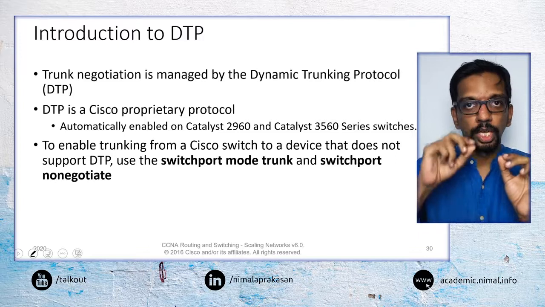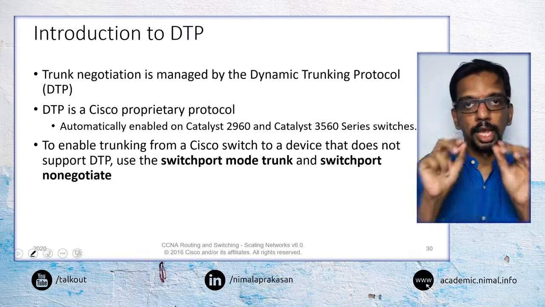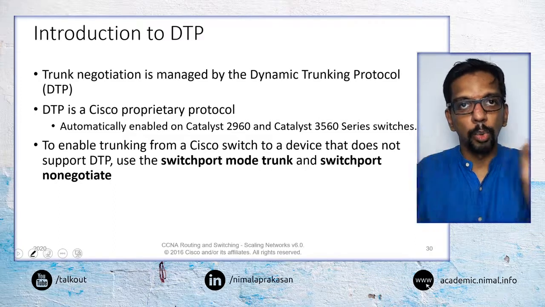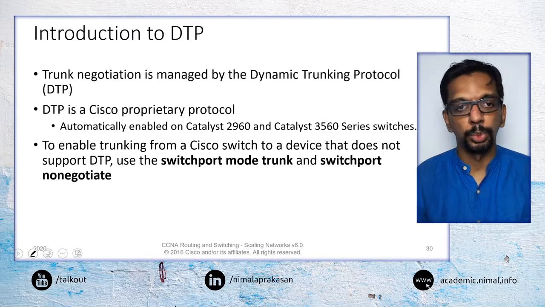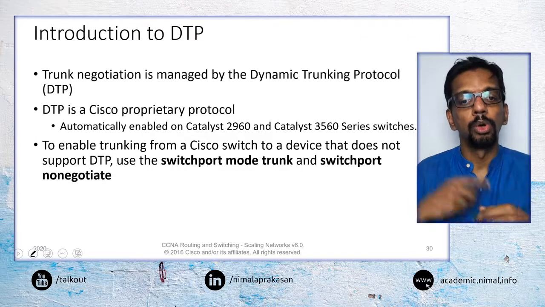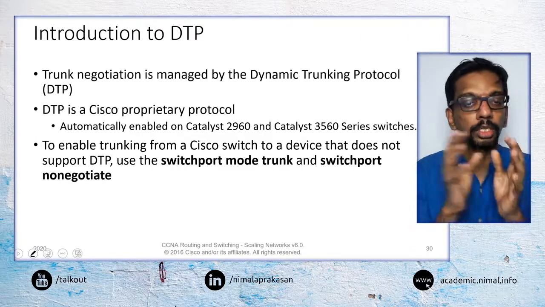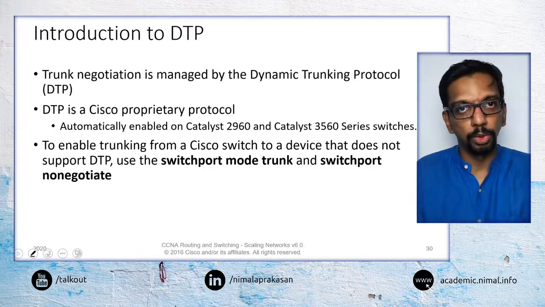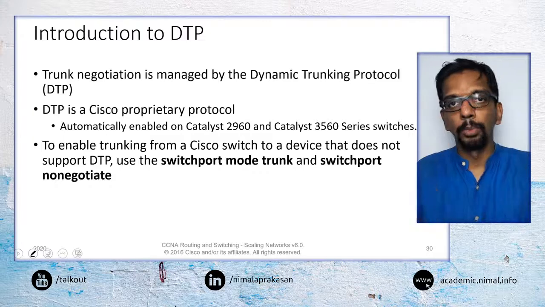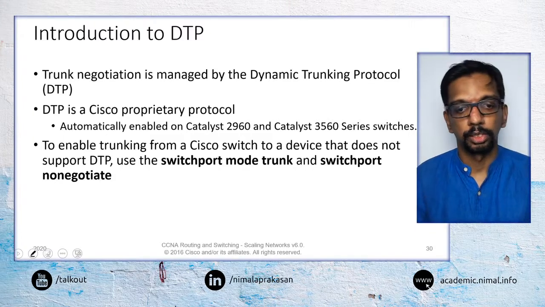When two switches are connected and the connectivity between them needs to be a trunk, or we need to determine the nature of the connectivity between them, that is what the Dynamic Trunking Protocol does. It does automatic trunk negotiation to communicate the mode of communication between those two switches.